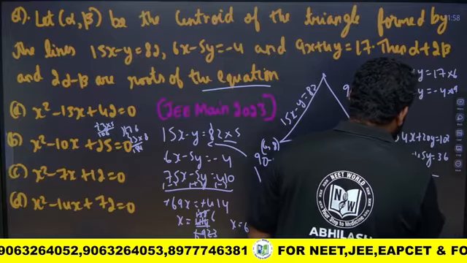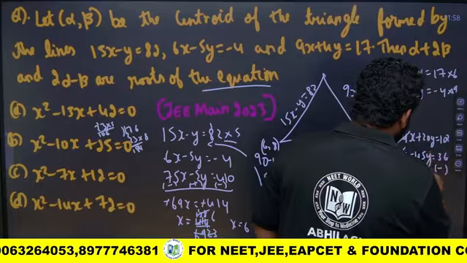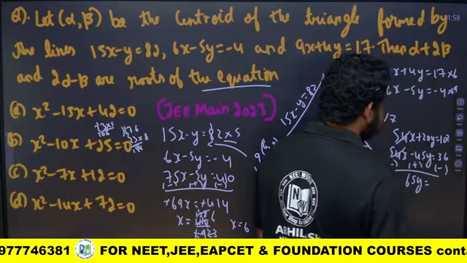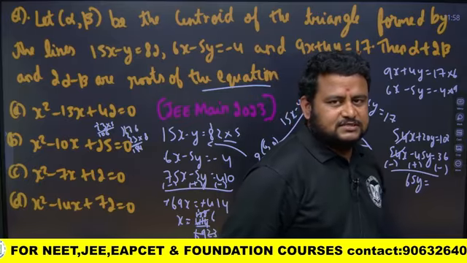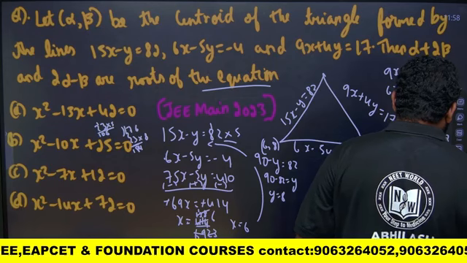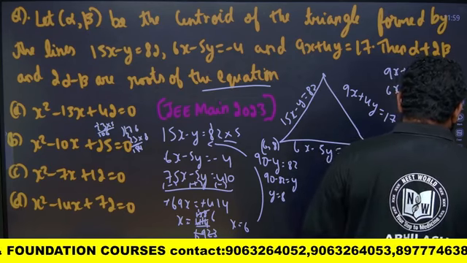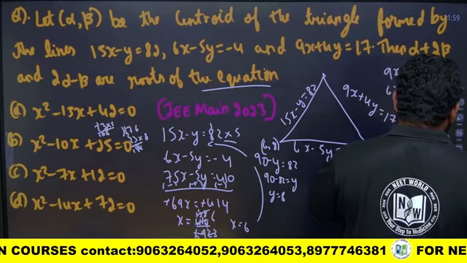Now solve this. The 54x cancels. So this will be 20y plus 45y, which is 65y, and this will be 102 minus 36.